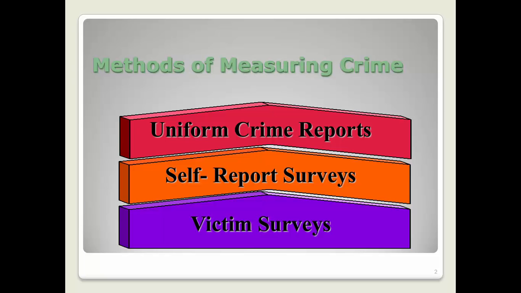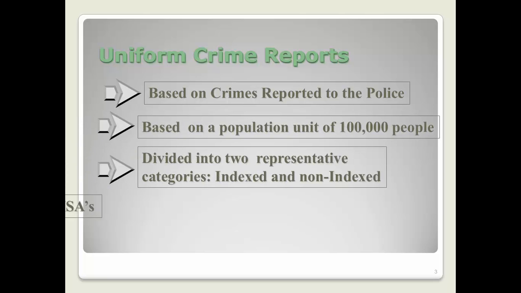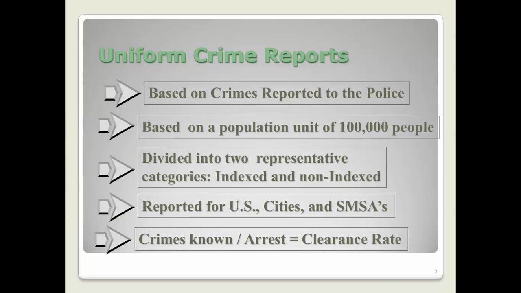There are basically three ways of measuring crime that we have in the U.S.: Uniform Crime Reports, which is UCR data, and self-report and victim surveys. So we're going to talk a bit about each one of those. UCR data is what you almost always hear about on the news.